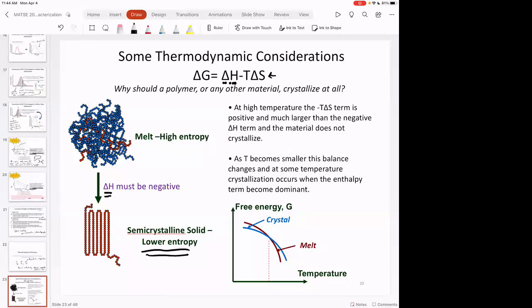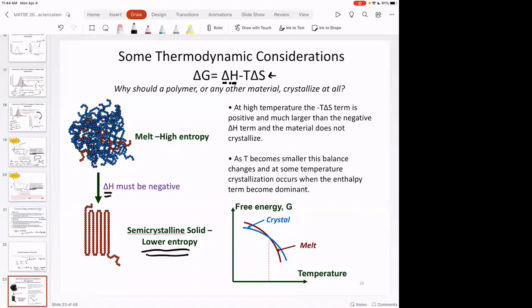If you have a water bottle sitting there at room temperature, crystals won't form spontaneously because those water molecules really don't want to be locked into a low entropy state. A crystal has lower entropy than a liquid, right? The configurations are fewer. And so the only thing that can drive crystallization is this heat of fusion.